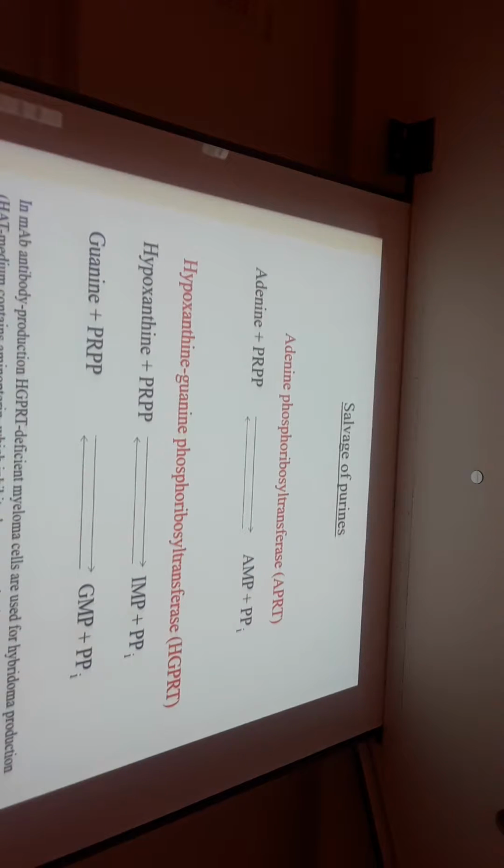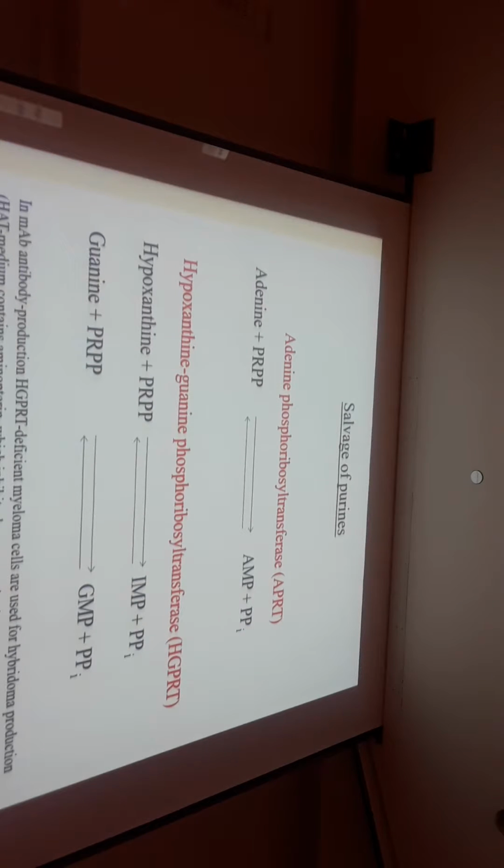And the reason why you do this is because you want to select just for cells that are fused lymphocytes that produce an antibody with a certain specificity and cancer cells. And you don't want to cultivate, for example, just cells that are cancer cells or fused cells that contain just cancer cells, and you also want to get rid of lymphocytes that are not fused with a hybridoma cell.